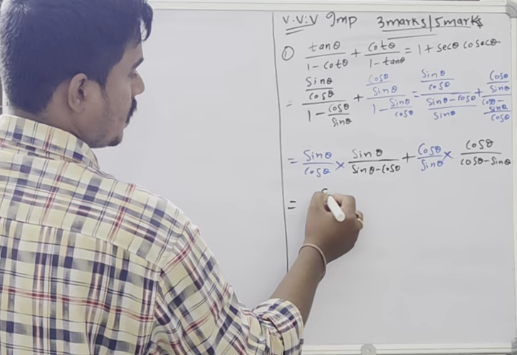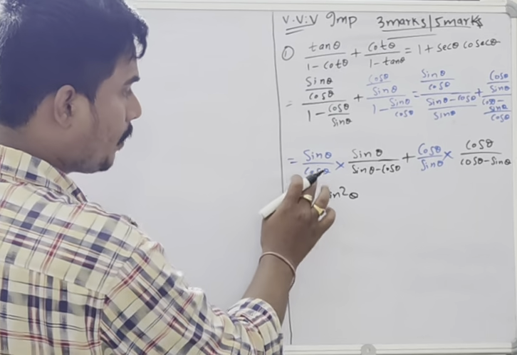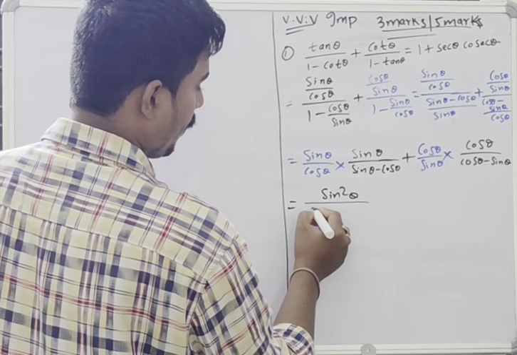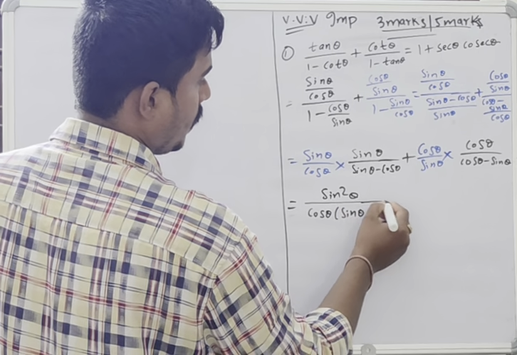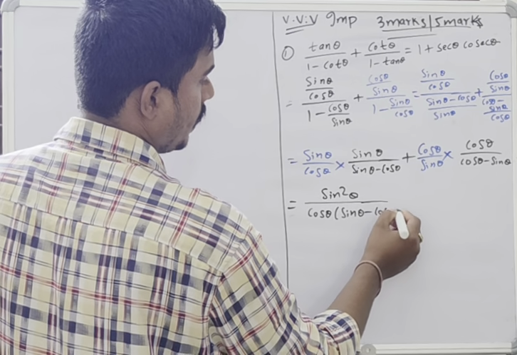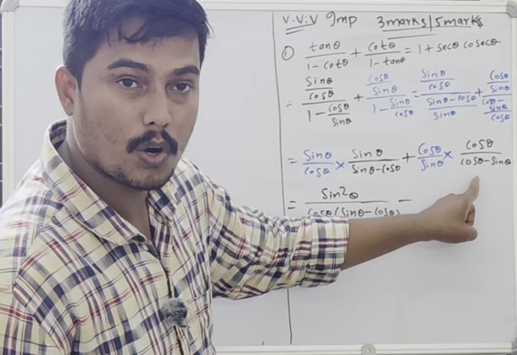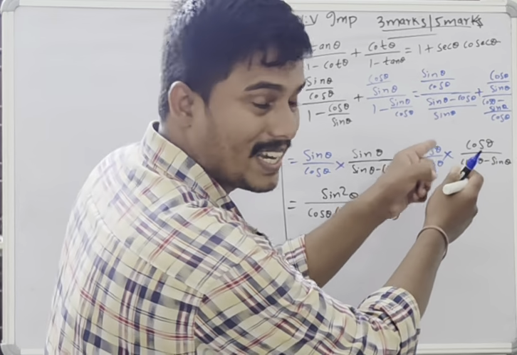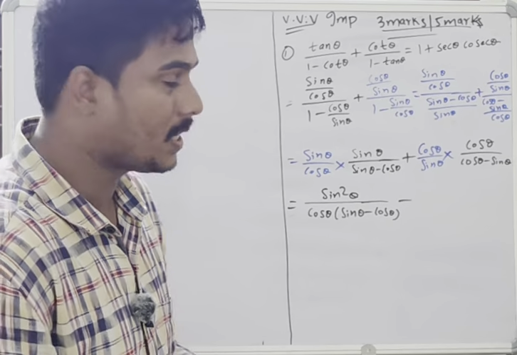This is sine square theta, because sine theta into sine theta. Denominator cos theta of sine theta minus cos theta. This became minus because I took out minus here. These two will change their place and this becomes minus. What is cos theta into cos theta?